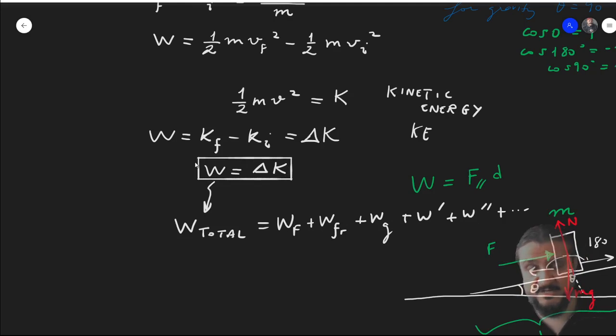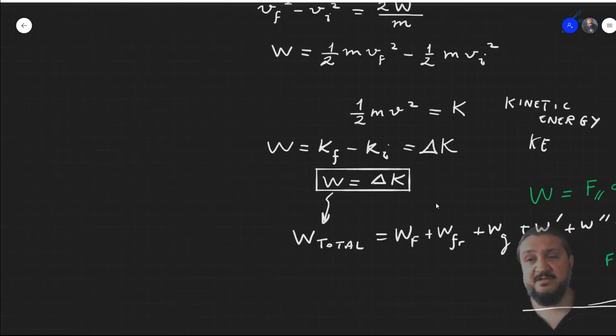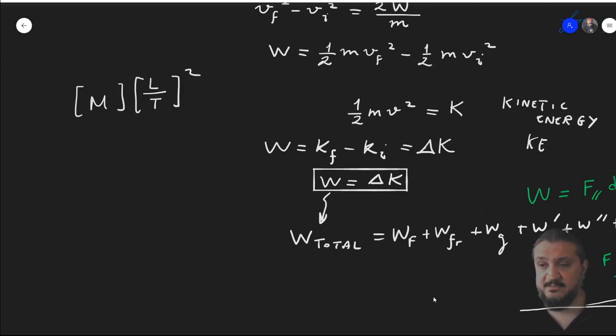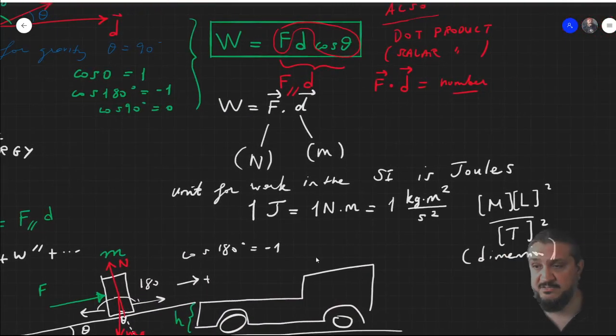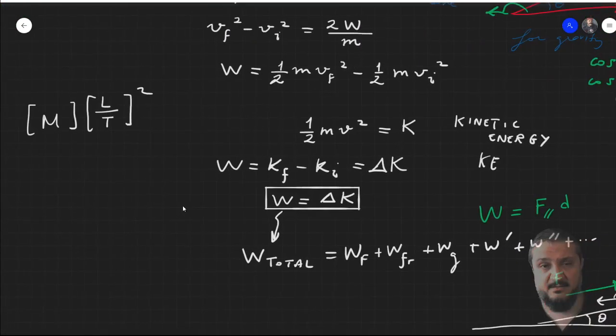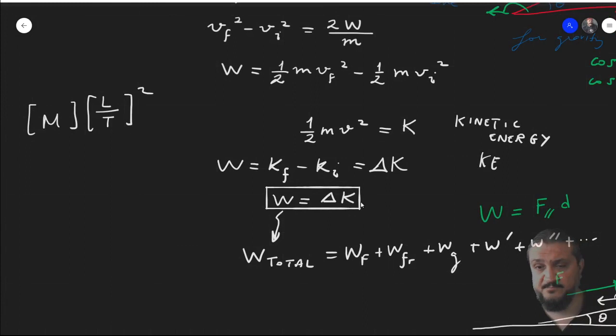The total work done on an object is equal to the change in its kinetic energy. Check the dimension of kinetic energy again. Dimensional analysis. We have mass. 1/2 doesn't matter. 1/2 is just a dimensionless number. But m is mass. v is what? Length over time, or distance over time, squared. So we get the joules again, right? Remember, we had the dimensional analysis here: ml squared over t squared. Same thing. So the dimension of both sides are equal.